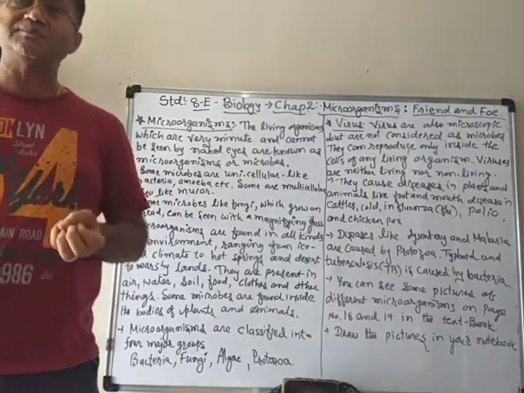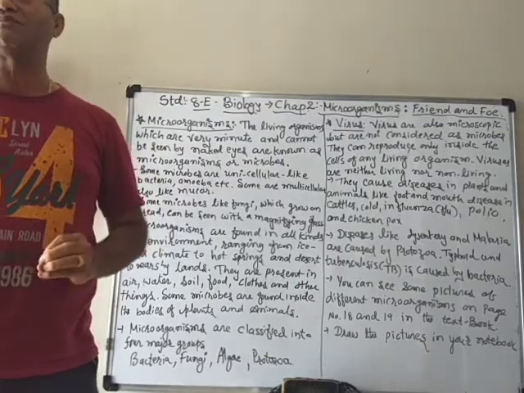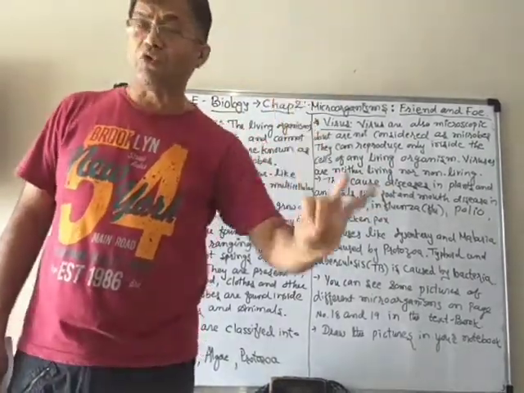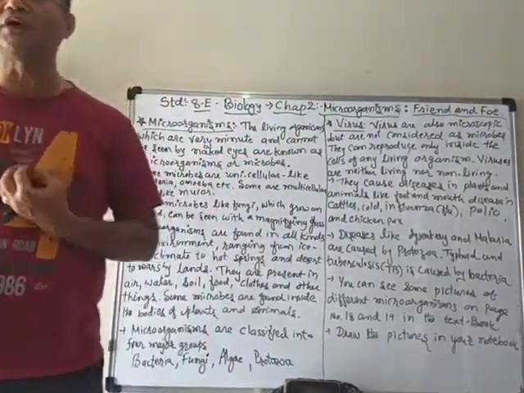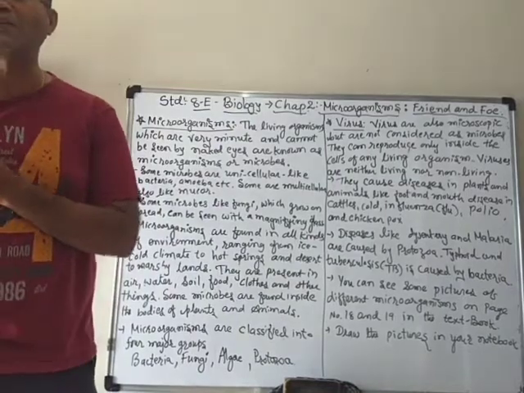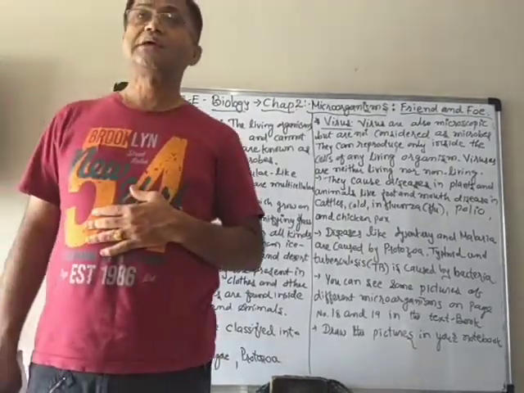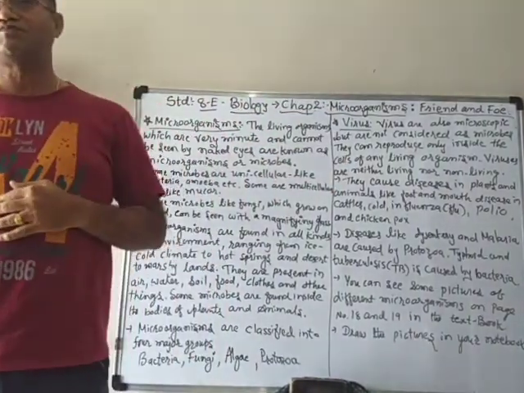It means that they can be found everywhere, maybe in the air, in the water, in the soil, even in our food, in our clothes, and every item. It means that maybe it is around you now also.